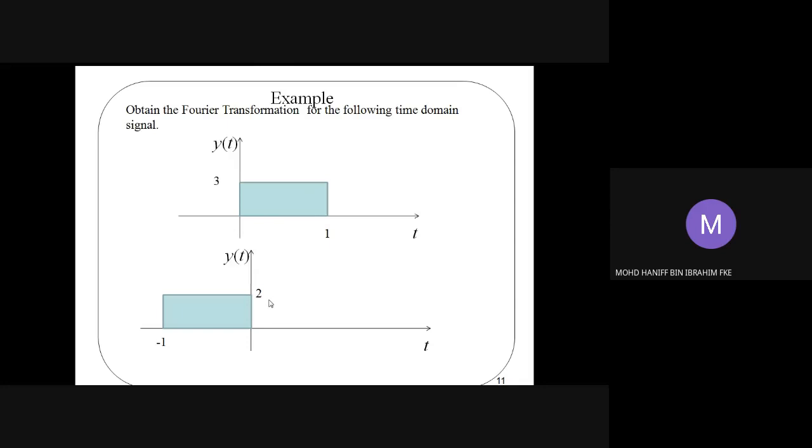So we are going to find out the Fourier transform if the rectangular function has this kind of signal operation, which includes the time shifting and also the amplitude scaling that we have just seen. Okay, so let's have a look at the solution for this example.